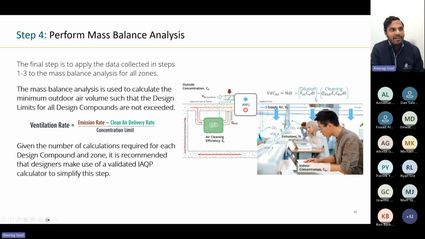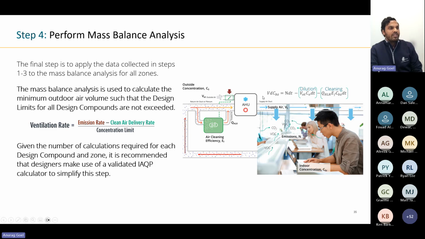I multiply that by 1.1 because I need to positively pressurize my space. So I know how much outdoor air I need to bring in to minimally pressurize my space. I can plug that into dilution, and then I can solve for how much air cleaning I need. That way we're maximizing OA reduction down to what you need to maintain slightly positive building pressure.